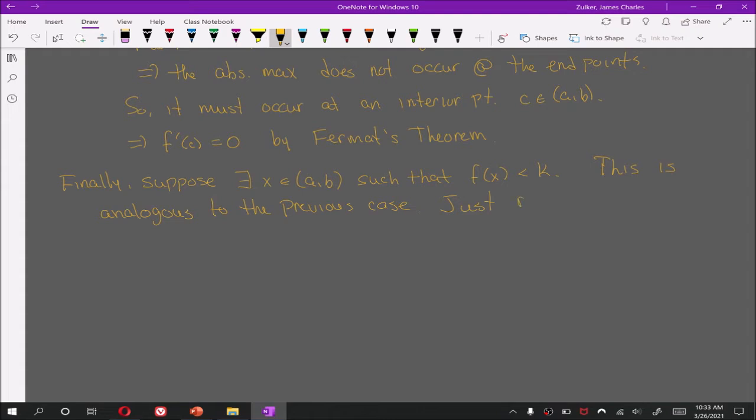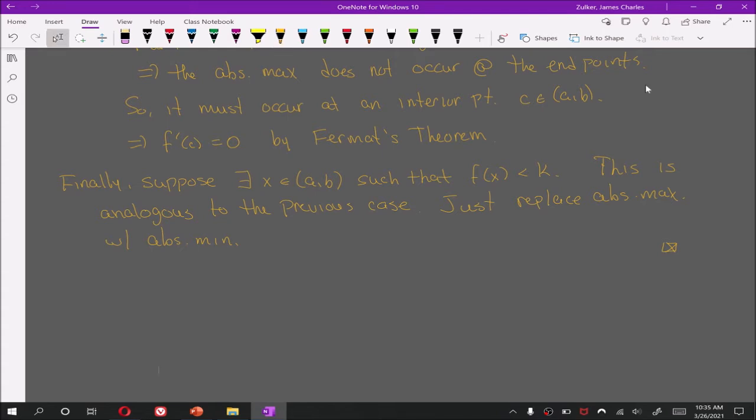Just replace absolute max with absolute min, and the proof is identical, so we're done. That was all three cases, and we found a point such that f prime of c equals 0 in all three cases, so the proof is complete.